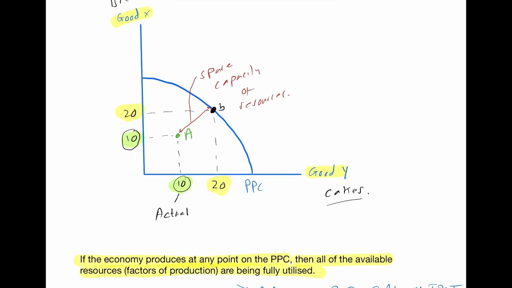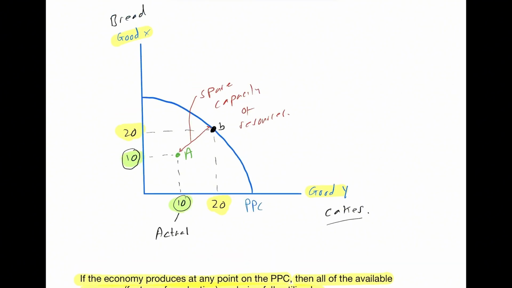The next question is, can the economy produce at any point to the right-hand side of the PPC? Well, the answer is, in the short run, in the short term, no. The PPC represents all of the resources that are available.